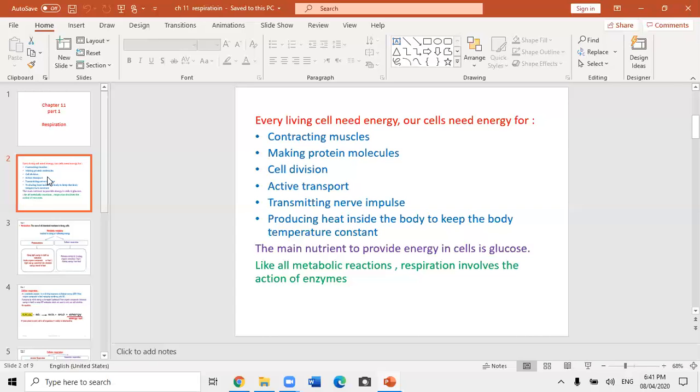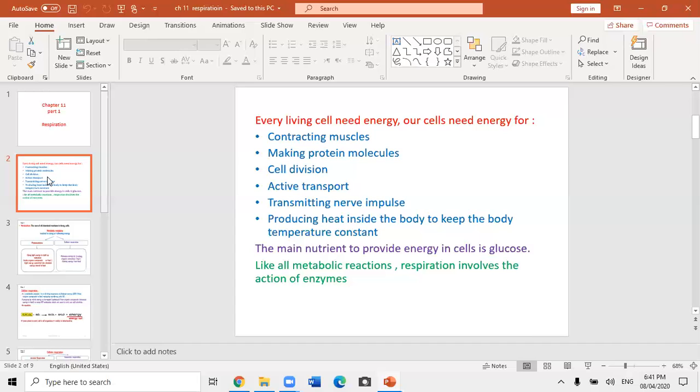These cells take up the nutrients that they need. After we have digested the food that we eat and it is transported by blood to the cells, the main nutrient that will provide energy in the cells will be glucose.